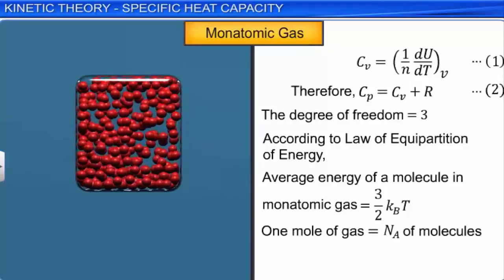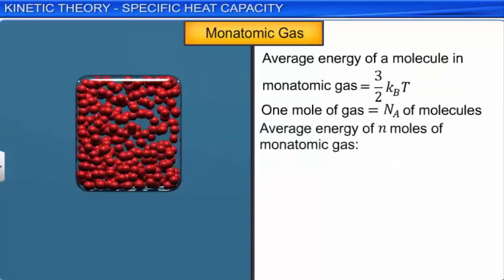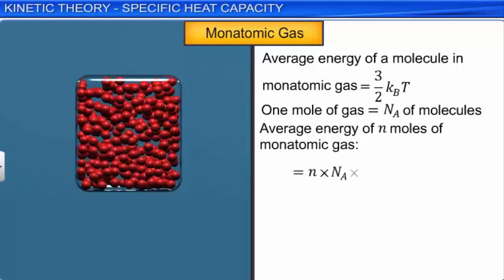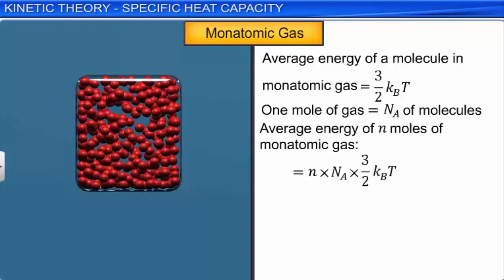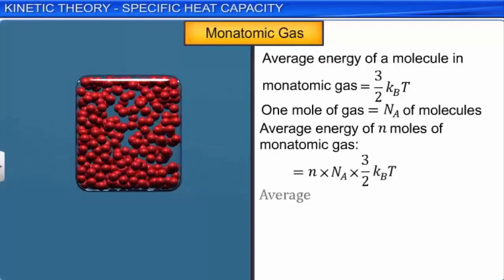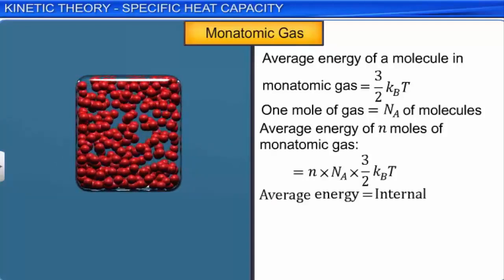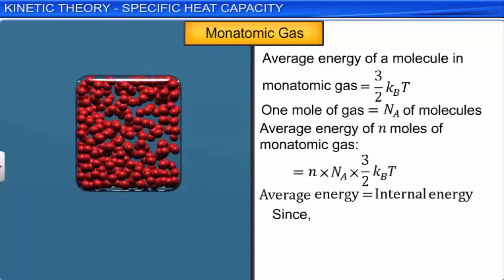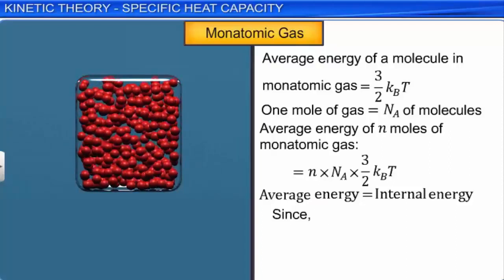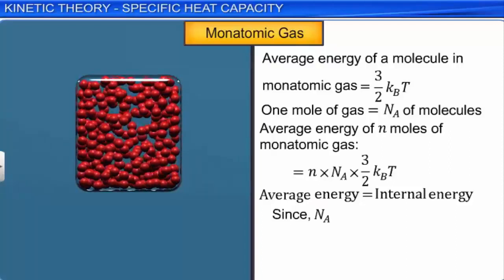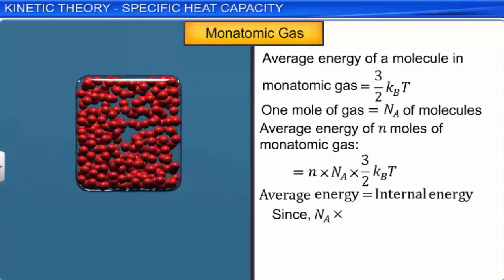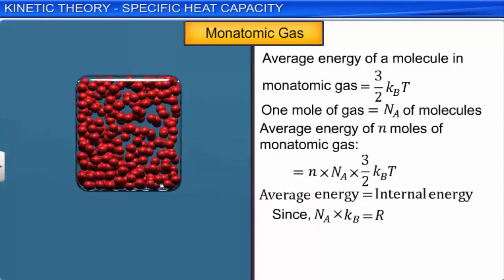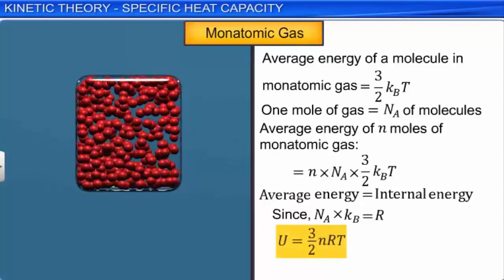Then, the average energy of n moles of monoatomic gas is equal to n into Na into 3 by 2 kBT. This energy is equal to the internal energy of the gas. Since the product of the Avogadro's number, Na, and Boltzmann's constant, kB, is equal to the universal gas constant R, we get U is equal to 3 by 2 nRT.